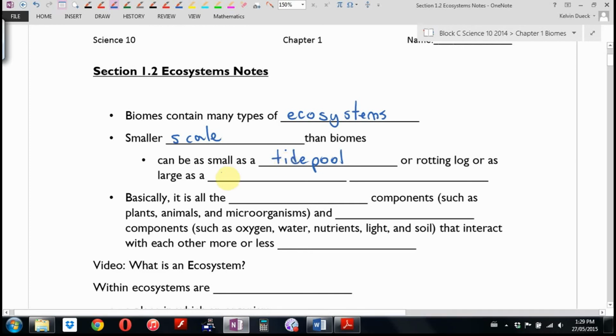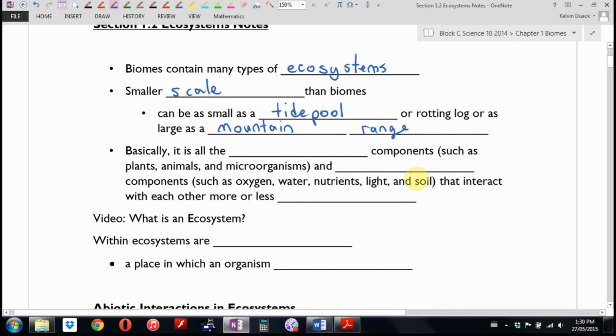Or they can be as large as a mountain range. It all depends, Allison, on how interrelated the subcomponents of the ecosystem are. And it all depends, Julie, on how you decide to classify and categorize stuff.